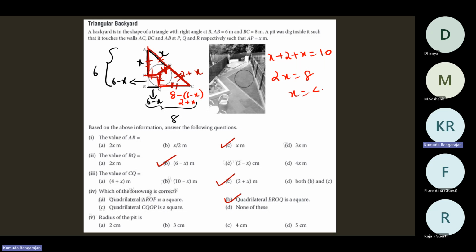X is 4. Correct? Yes, ma'am. We need to find the hypotenuse. 6, 8, so 10. Then x plus 2x is equal to 10.